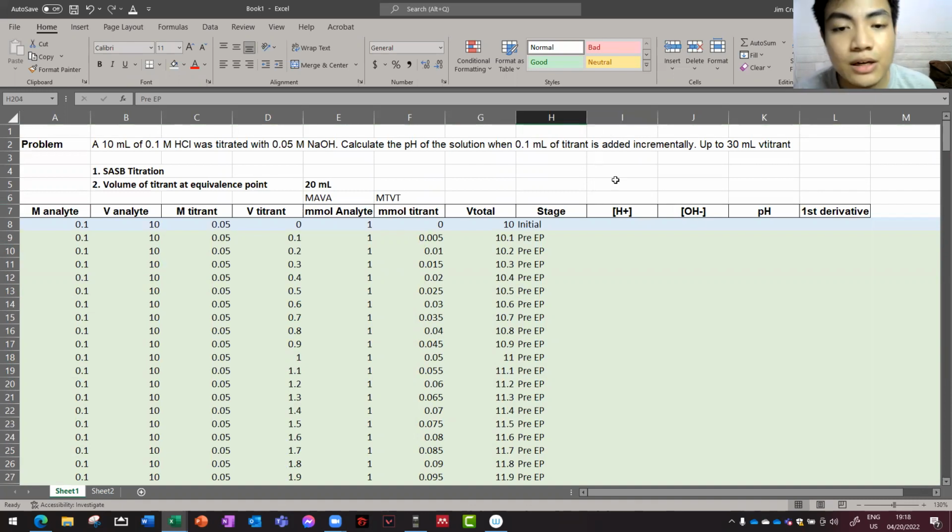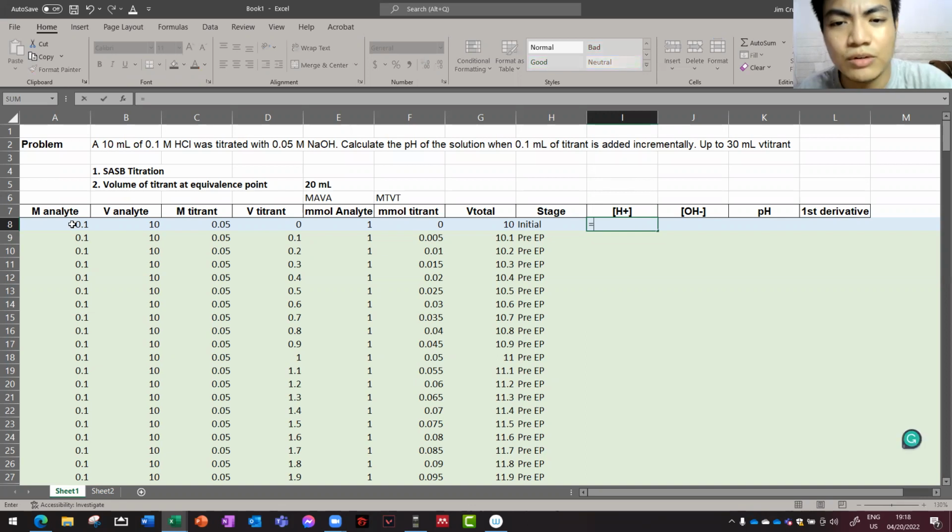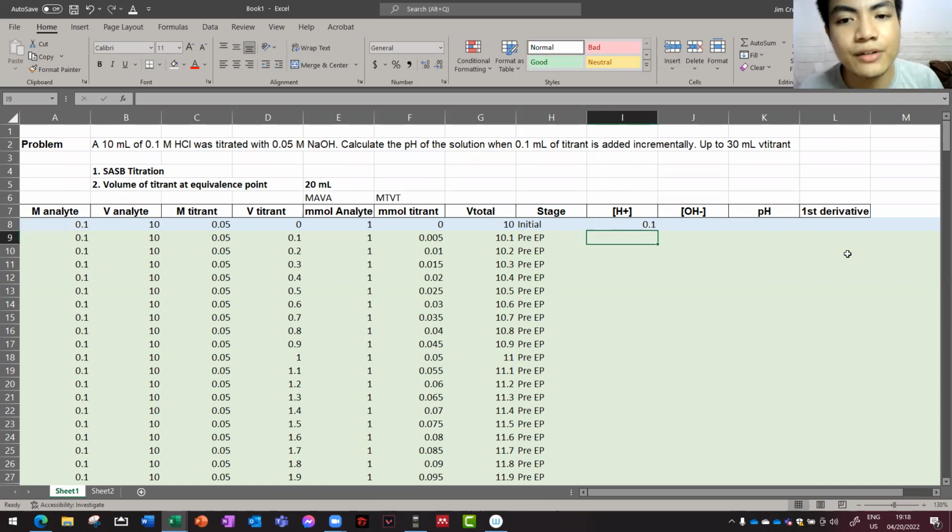Now, the question is, what is your equation at the initial stage? Remember, in our initial stage, we say that the concentration of H plus is the concentration of the analyte. Okay. So just press equal sign and then select this. There you go. Now, at the pre-equivalence point, what's our equation to get the H plus?